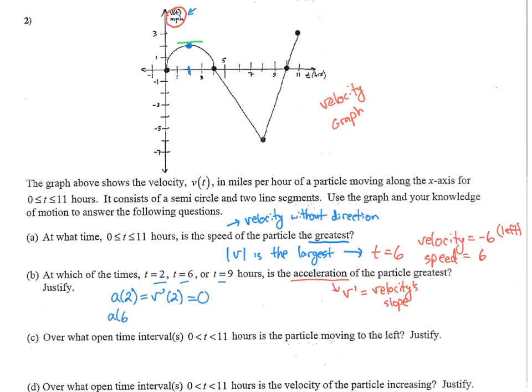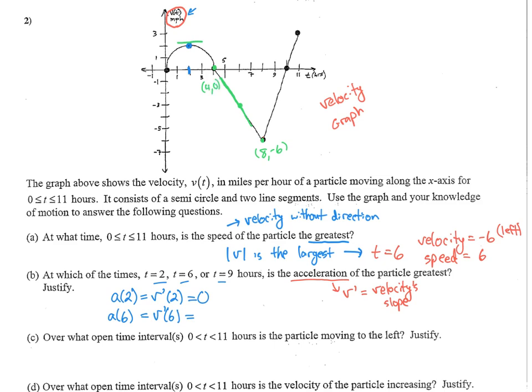At t equals 6, I would say that my acceleration, which again is the slope of velocity, let's take a look. At t equals 6, we are at that point right there. Okay, so we're looking for the slope of this line. Let's go in and calculate it. This point right there is 8, comma, negative 6. And this point right there is 4, comma, 0.